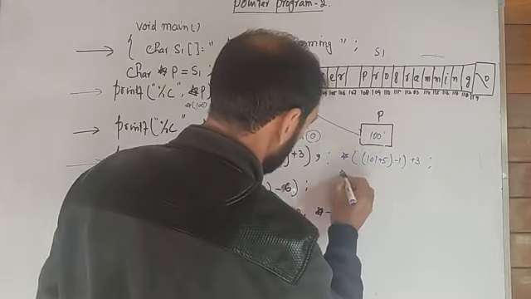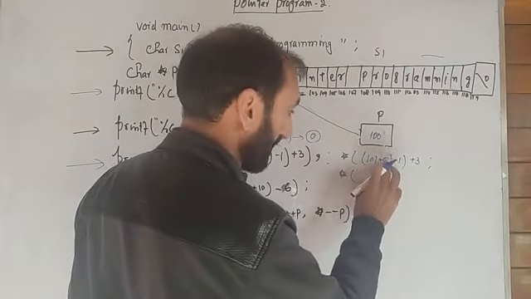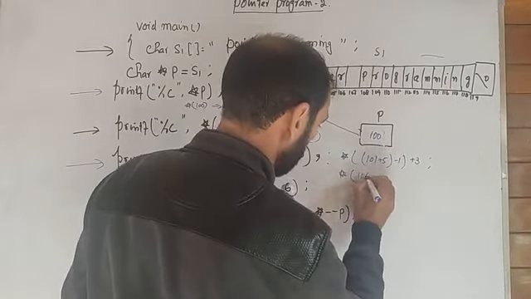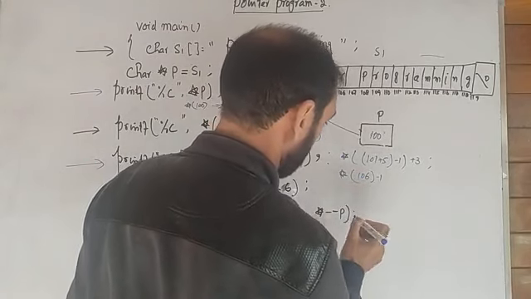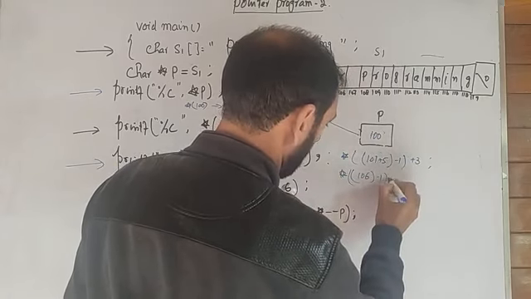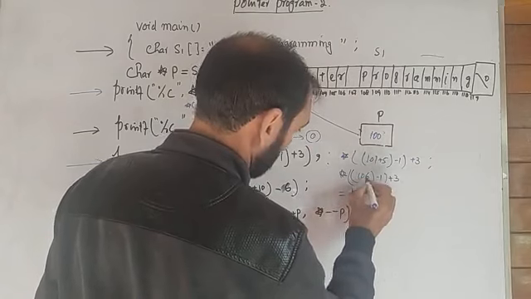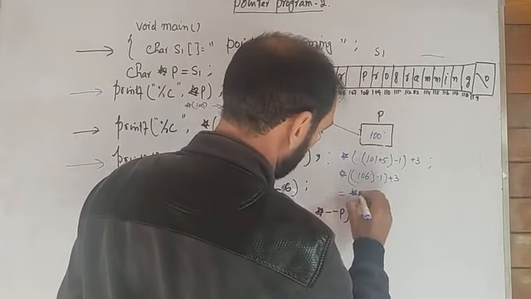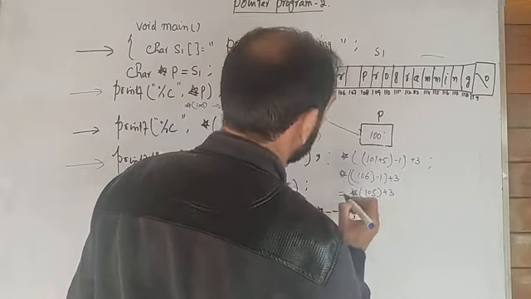That implies 101 plus 5, that means 106, minus 1, plus 3. That will give us 101 minus 1, that is 105 plus 3.